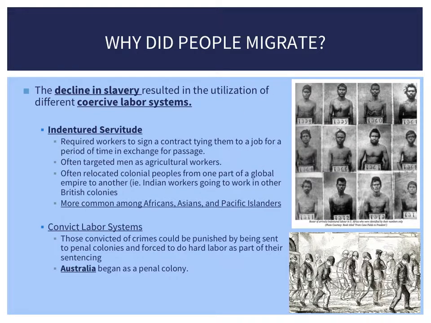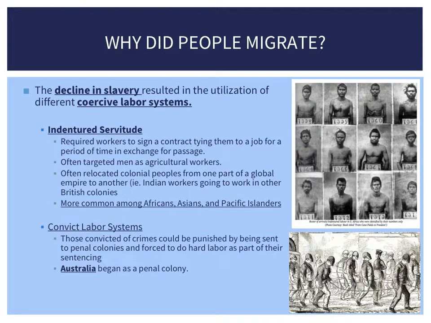Another thing we should know by now is that slavery was definitely on the decline throughout Europe and the Americas. So due to the Enlightenment and new ideas about natural rights and things like that, slavery was being outlawed throughout the 1800s. And so people came to rely on different forms of labor. And one of those was indentured servitude.